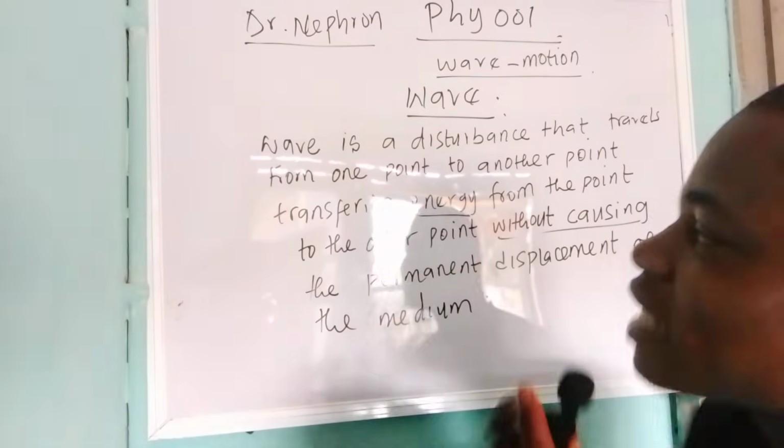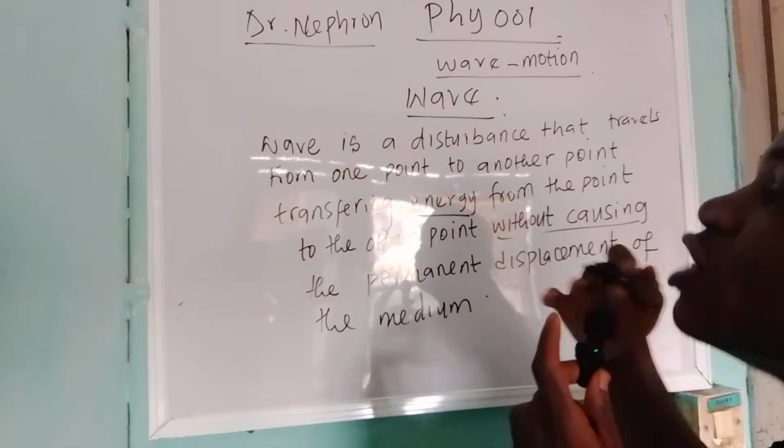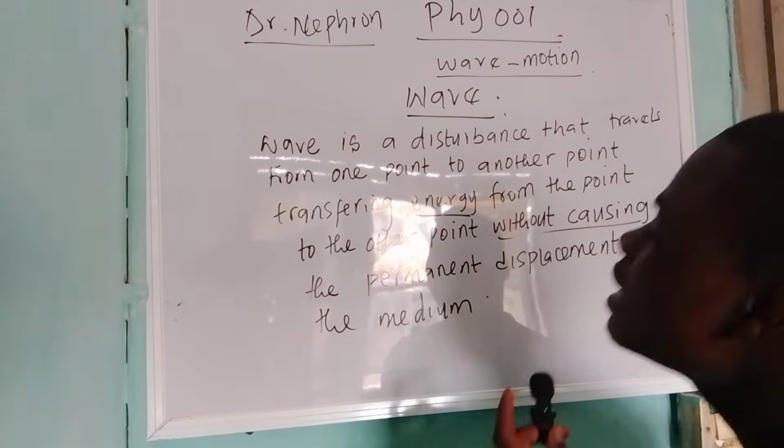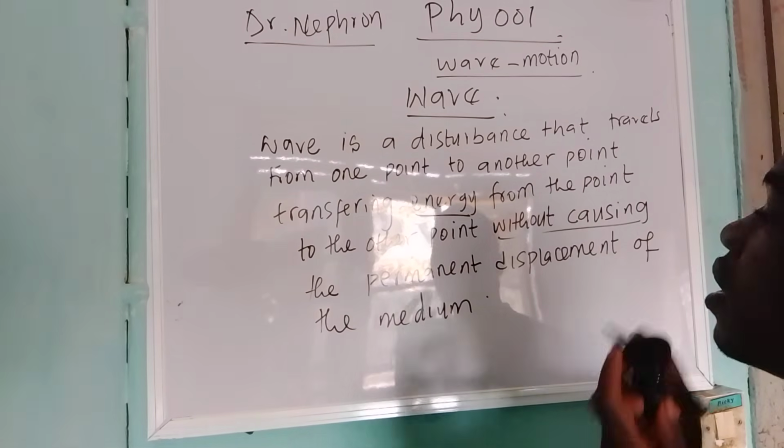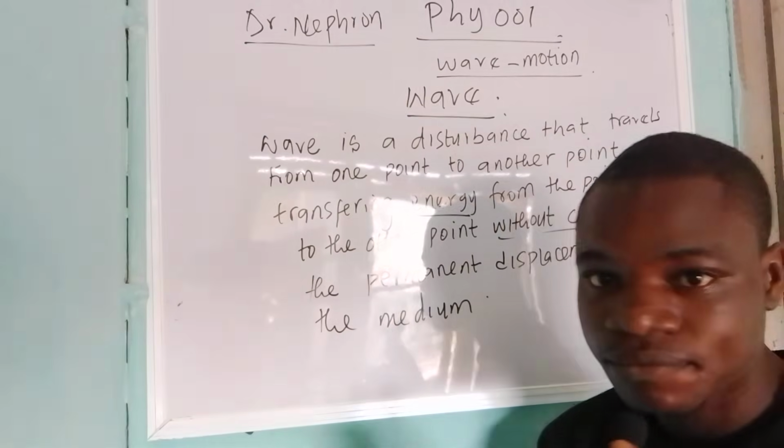But Jamb can now ask you that the energy that we are transferring is what type of energy? The energy that is transferred in the wave is in the form of kinetic energy.